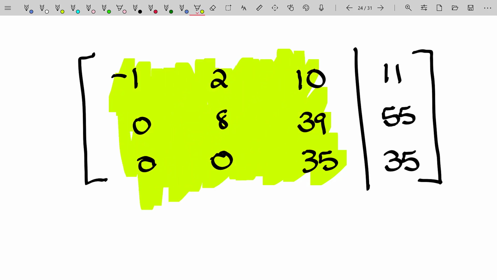It's triangular form because all the non-zero numbers are above the main diagonal, or they could all be below. Basically we have a bunch of zeros below the main diagonal, or it could be a bunch of zeros above. In this case, we have zeros below, which makes it a triangular coefficient matrix. We'll see a definition for that later on in the course.